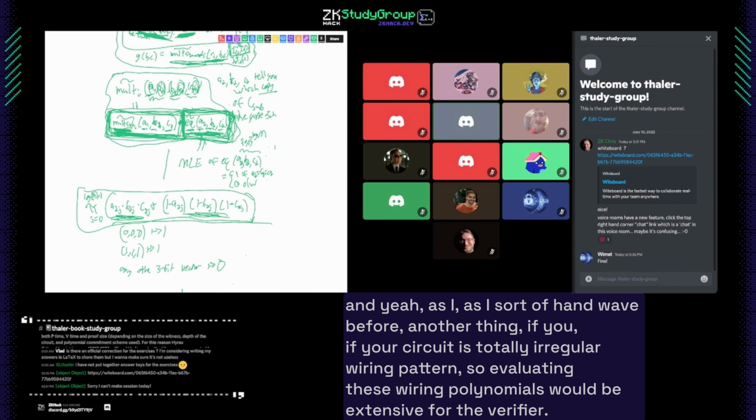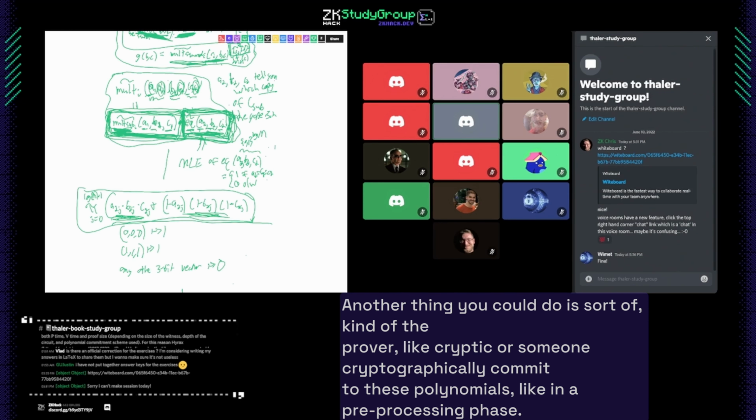And as I sort of hand-waved before, if your circuit has a totally irregular wiring pattern, then evaluating these wiring polynomials would be expensive for the verifier. Another thing you could do is have the prover cryptographically commit to these polynomials in a pre-processing phase.